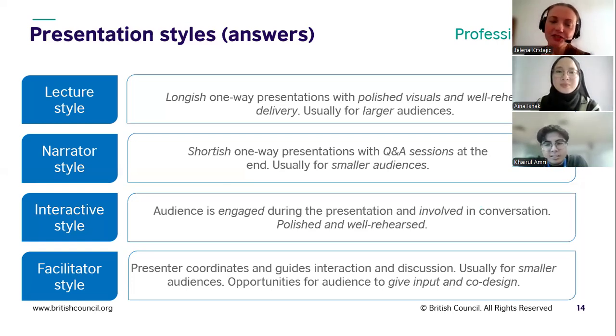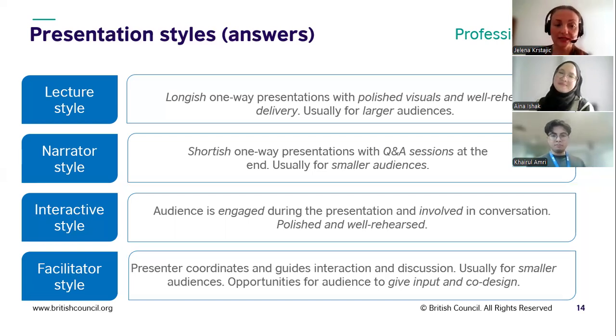Okay. No, it's great. I think first, as we can see, it does depend on how long the presentations are. It does depend on how large our audiences are. It does depend on the aim of the presentation. So very often, I think it's just clear to understand that not all presentations need to be engaging, that audiences need to be always engaged.